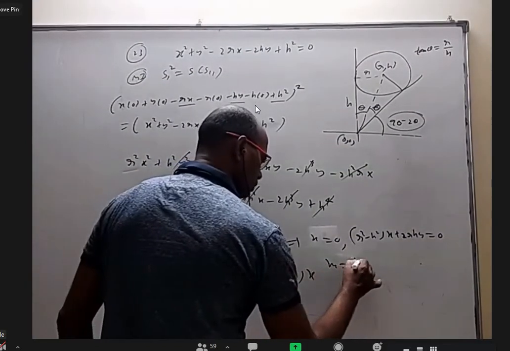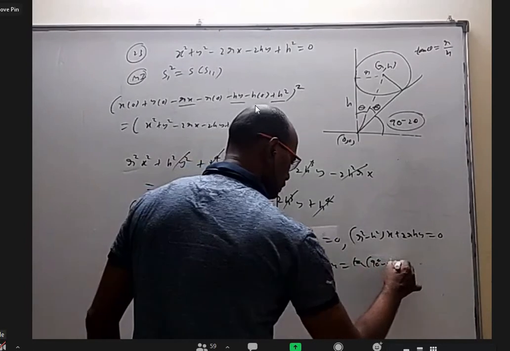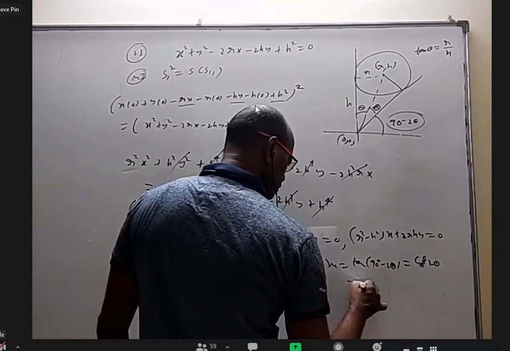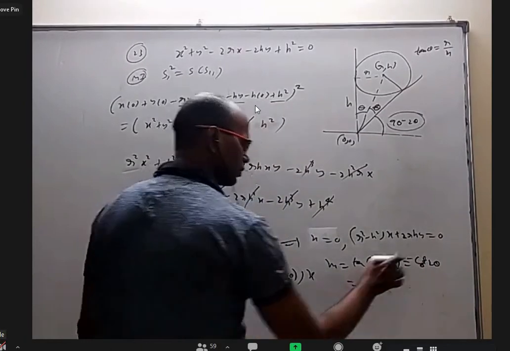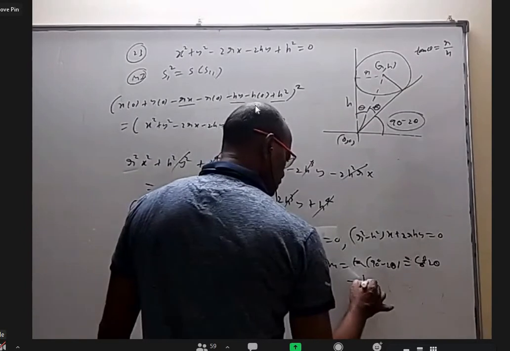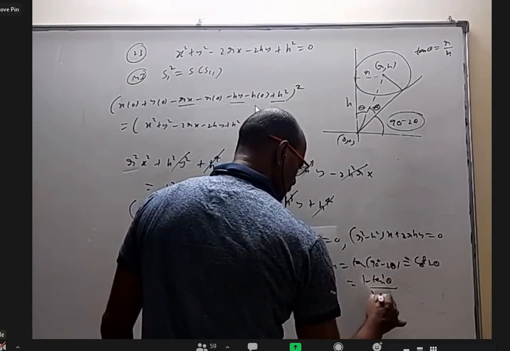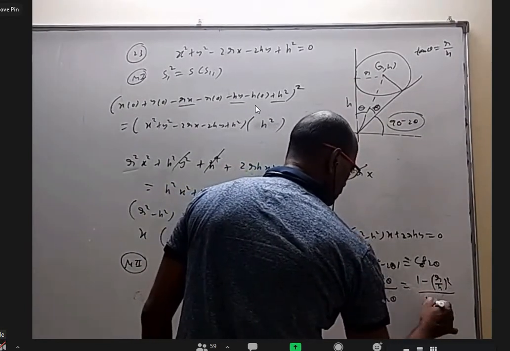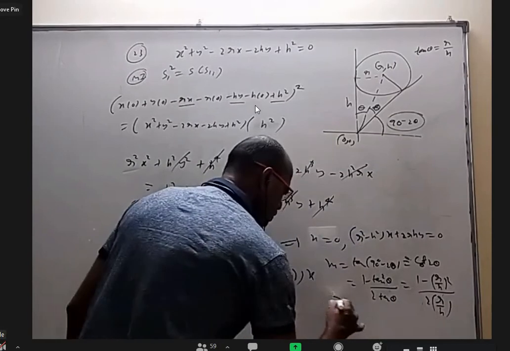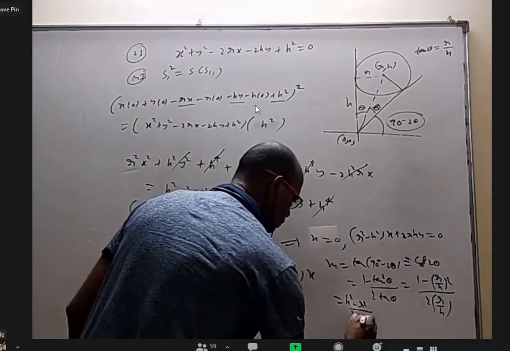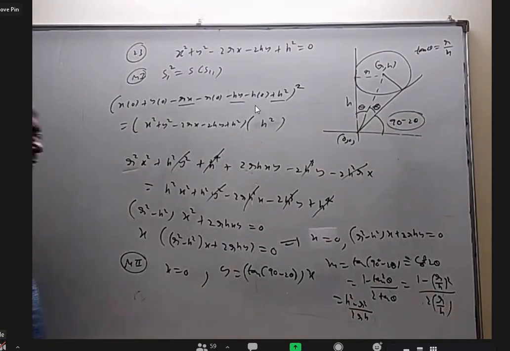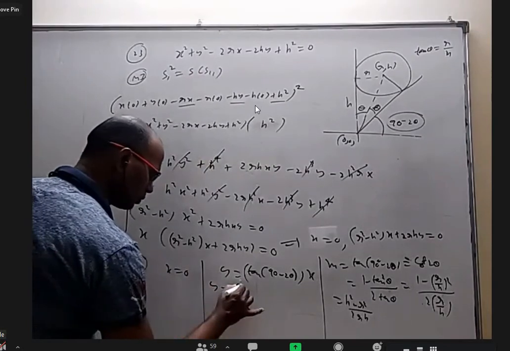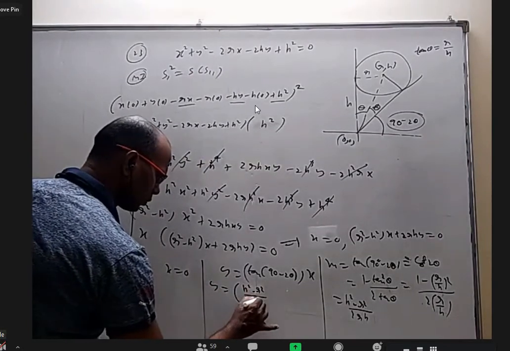So m is equal to tan(90 minus 2 theta), which is cot 2 theta, which is (1 minus tan square theta) by 2 tan theta, reciprocal of the tan 2 theta formula. (1 minus r by h) whole square by 2 r by h, which is (h square minus r square) by 2rh. Okay, so if I substitute here, this will become y equal to (h square minus r square) by 2rh into x.